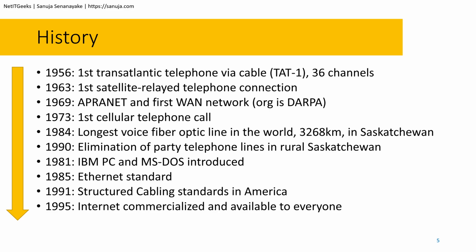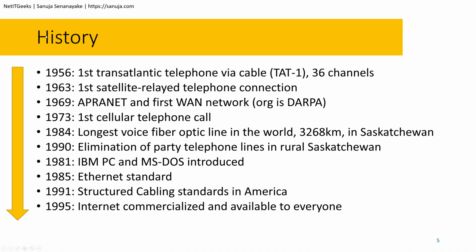So in 1973, the first cellular telephone was developed. Why is it important to structured cabling when cell phones don't use cables at all? Well, because cell phones do use structured cabling, it's just that the end user doesn't see it. For example, all those cell towers that you see around have certain structured cabling standards that we use to mount those antennas, and that allows the end user to connect wirelessly.